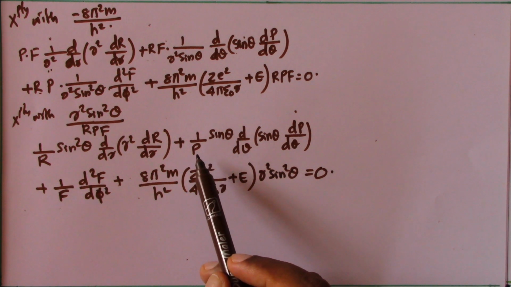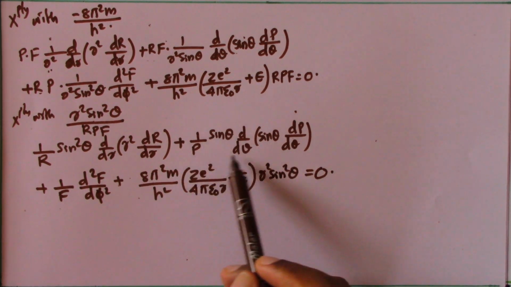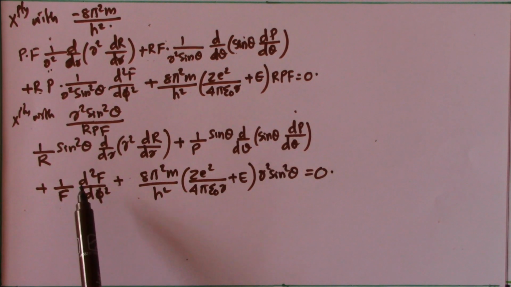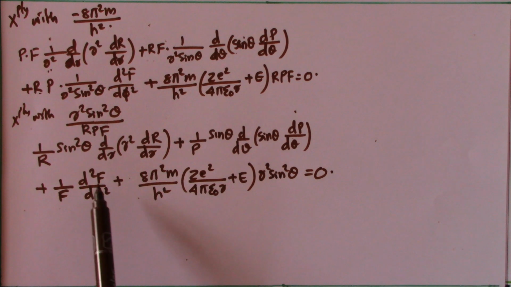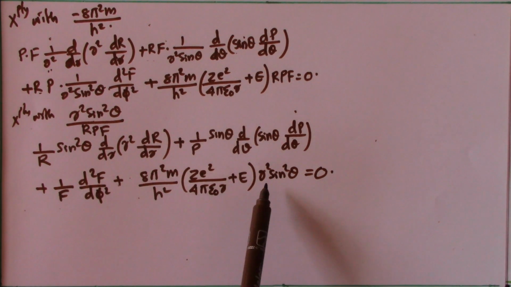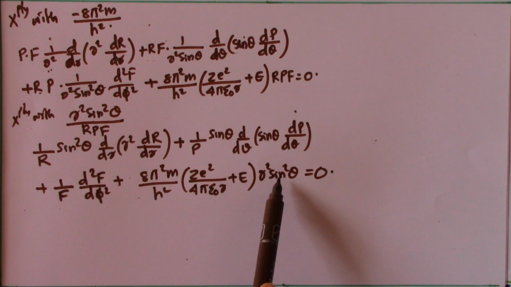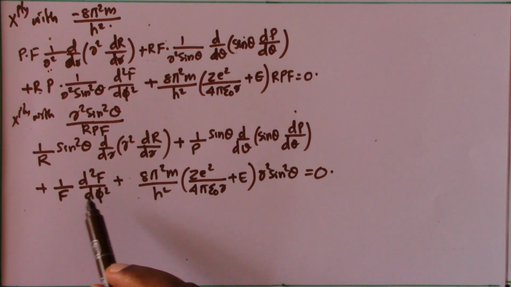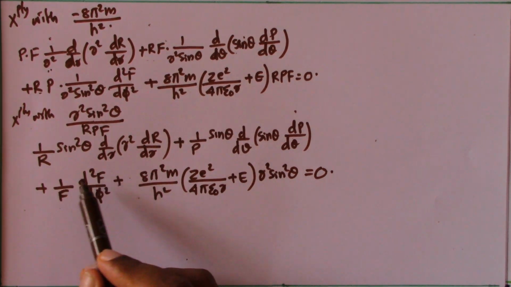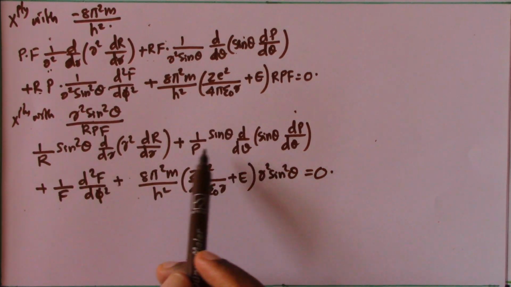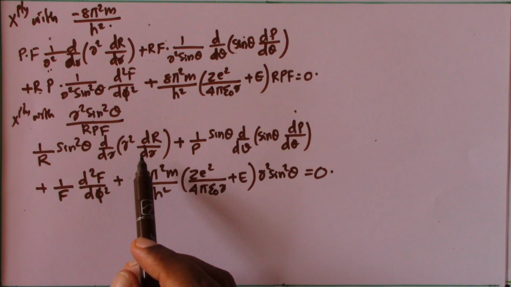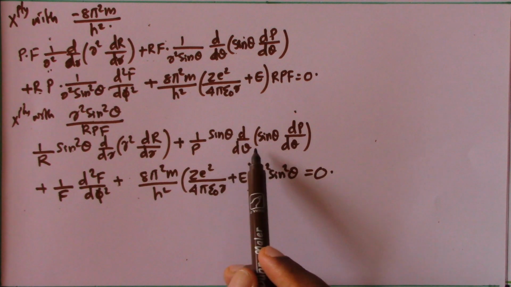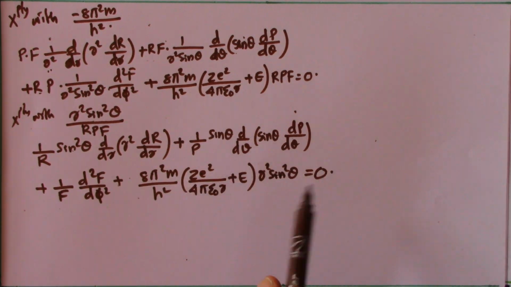Then the second term is a function of P alone, and the third one is a function of F alone, and the fourth one is a function of both r and theta. Now the theta and r terms are mixed. Here r and theta are there. Okay, here only theta is there, but here r and theta are mixed.